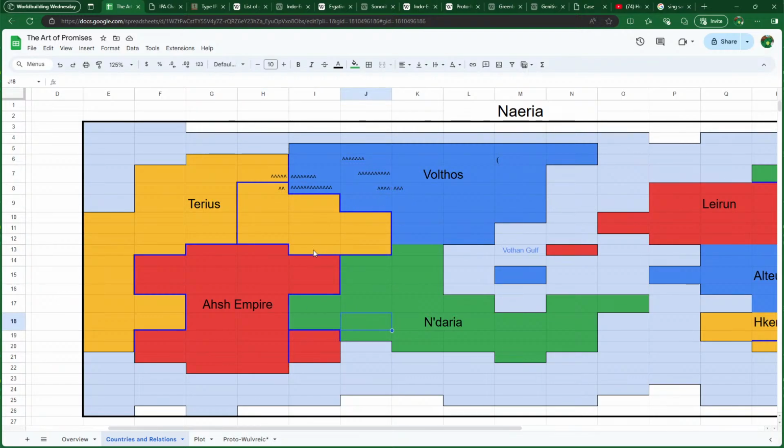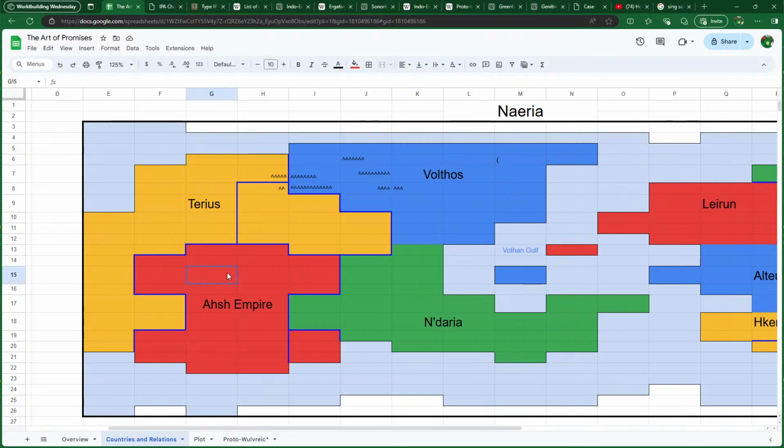A major civil war almost happens between two groups, which I'll get to naming. But then one group goes off and populates Volthos, and the other stays sort of in the Ash Empire. Volthos and Ash both independently, parts of them split off to go to what will eventually be Indaria.